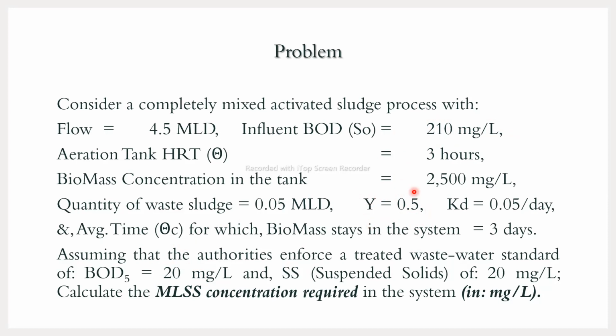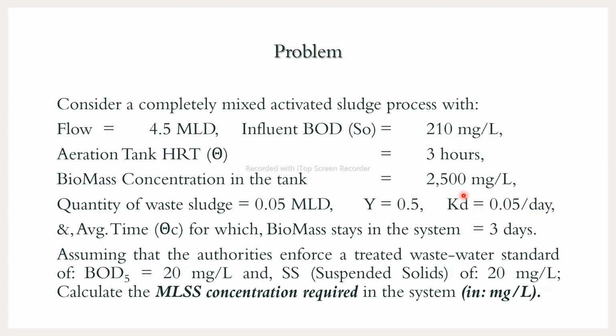On one side of the equation this will be there, and on the other side two terms will be there. One will be the concentration of microbes that is presently being generated, plus the concentration of microbes that are decaying or dying. So that's why Kd is there.